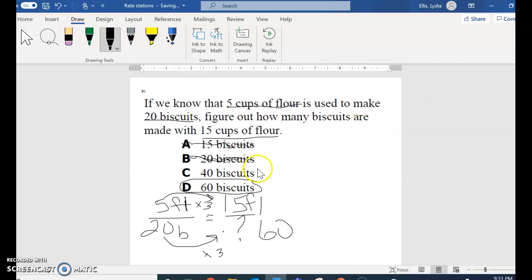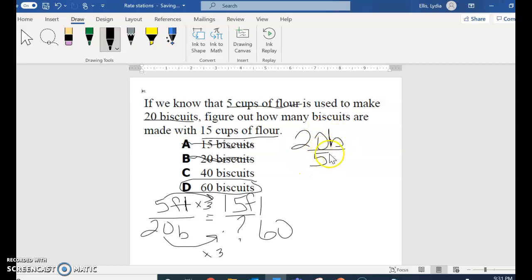Oh, sorry. There was another way to do this. If I took my 5 cups of flour and 20 biscuits and found my unit rate, actually I should have written my unit rate with my denominator of 1 at the bottom. 20 how many biscuits per cups of flour?